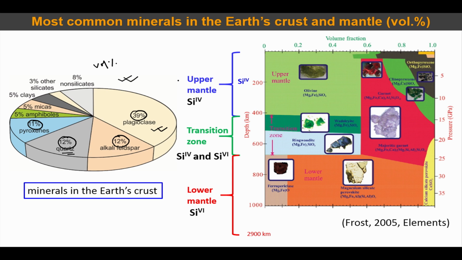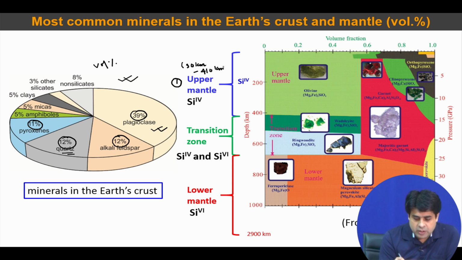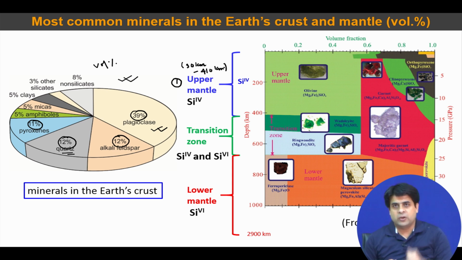The upper layer is known as the upper mantle, which starts from the crust-mantle boundary, beneath the continent or the ocean. For example, from 30 kilometers, the upper mantle extends up to 410 kilometers.